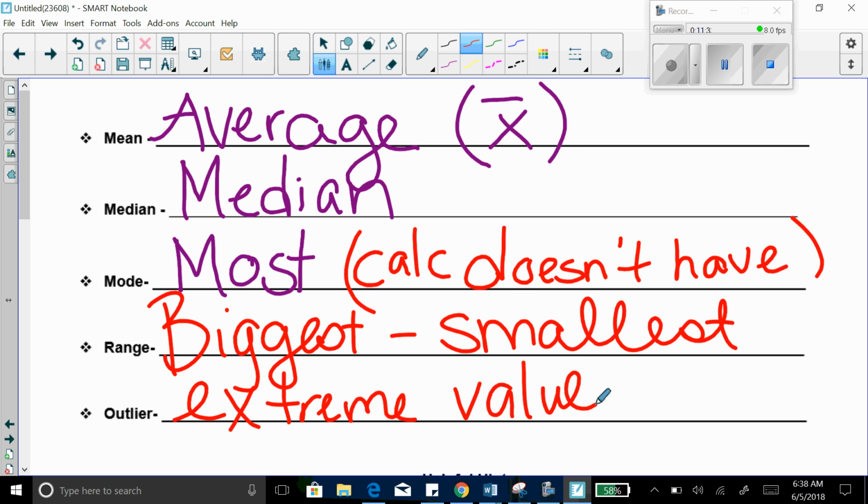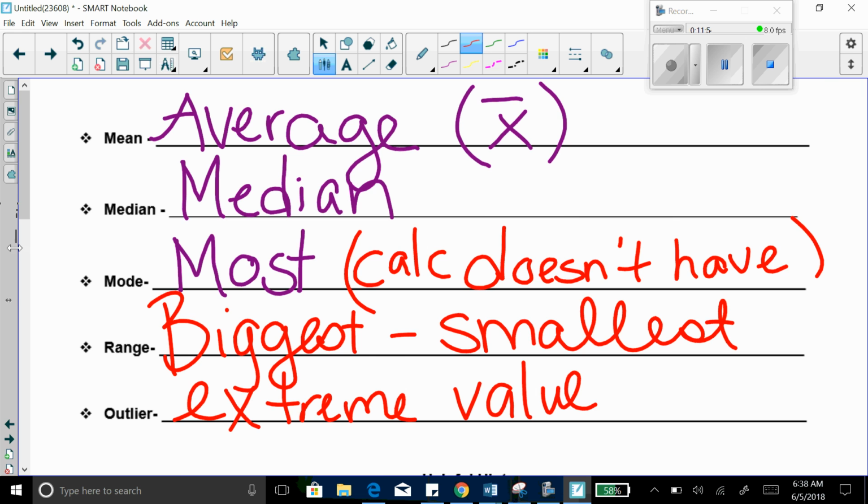We talked about how in class you are all about the same age, and if Mr. Freeze came in and joined the class, he would be an outlier because he is much older than all of you. So he's an extreme value, something that's not like the others.